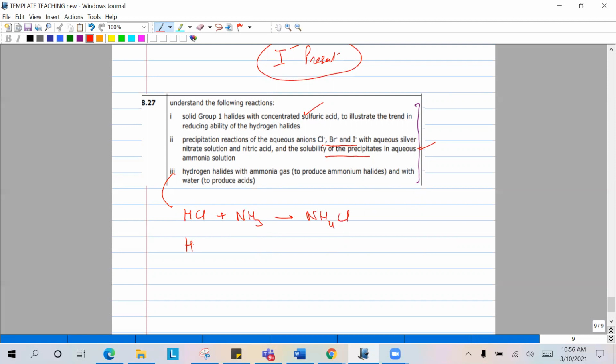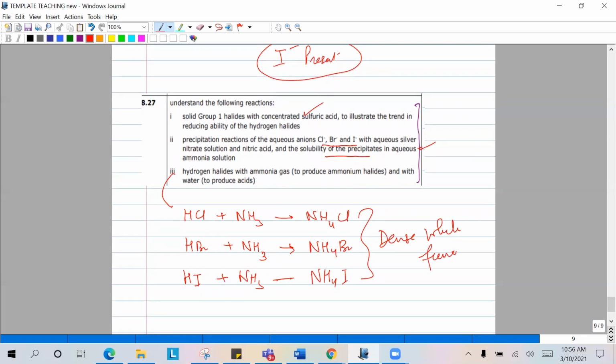HBr plus NH3 gives ammonium bromide, and HI gives NH4I. All these are observed as dense white fumes, and all of these are observed as steamy fumes.